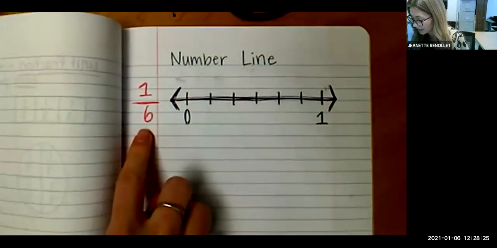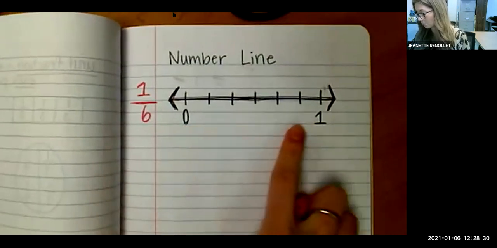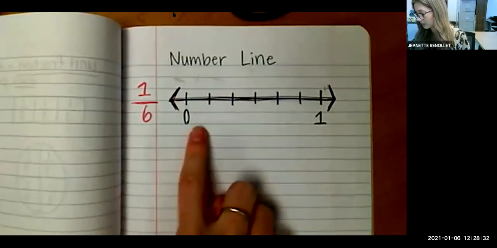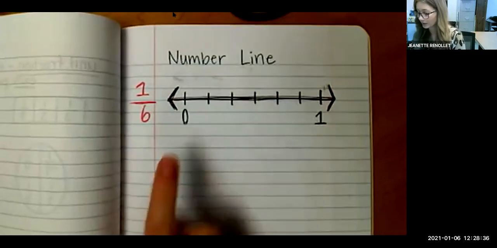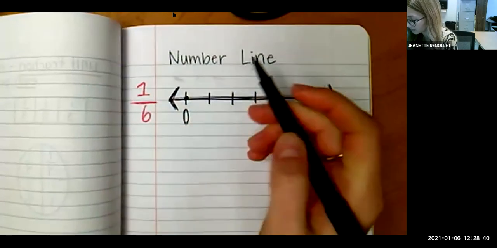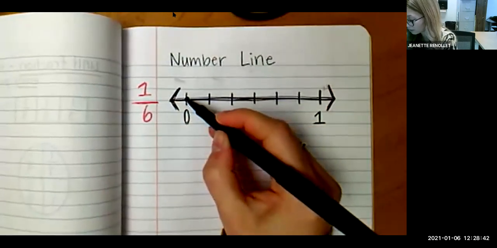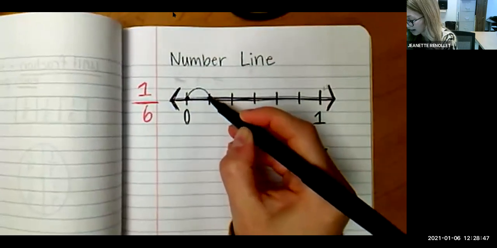Now I want to place or plot 1/6 in my model. I see that 0 is all the way to the left. I'm going to start at 0, and I'm going to jump or move 1 space to the next tick mark.